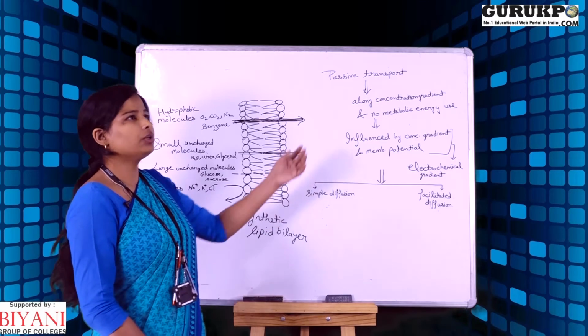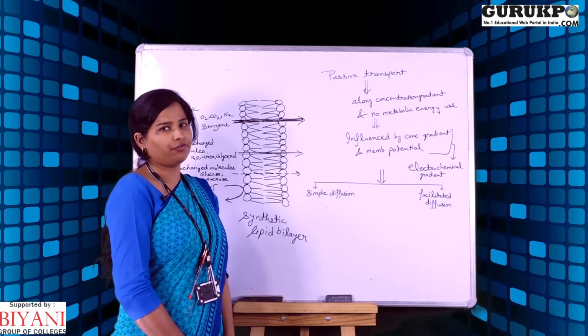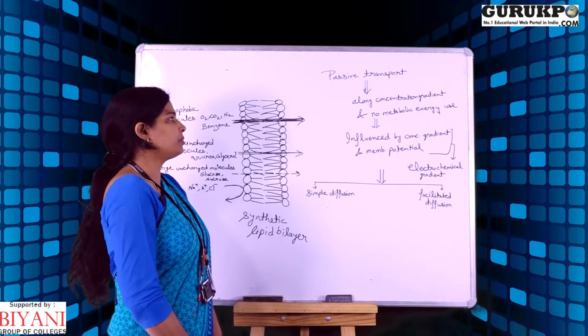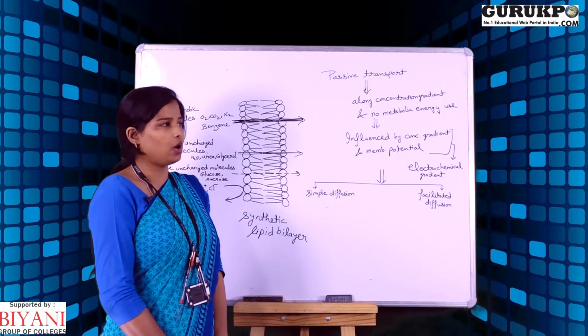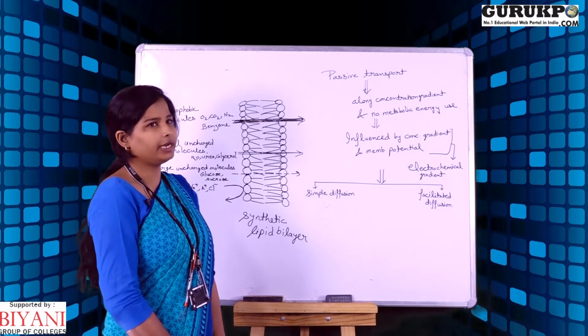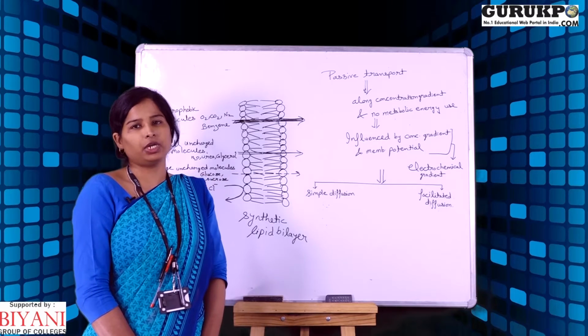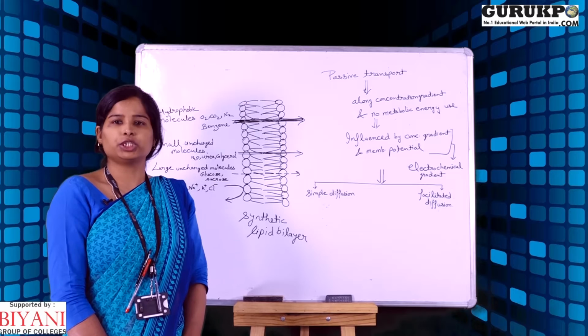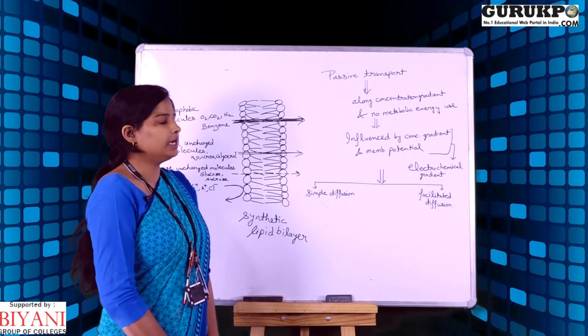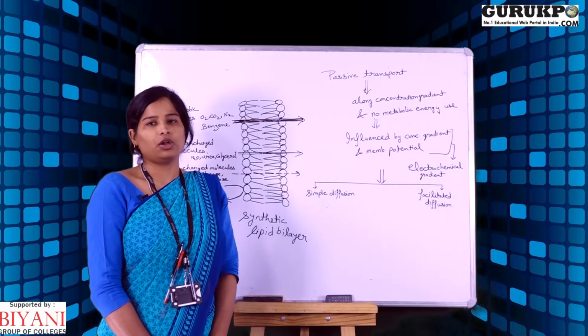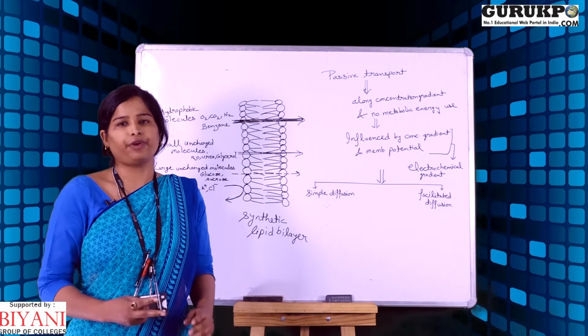Now focusing on the passive transport method of plasma membrane transportation, passive transport always occurs along the concentration gradient and does not use any metabolic energy for the transportation of molecules across the plasma membrane. Passive transportation is always influenced by two factors.